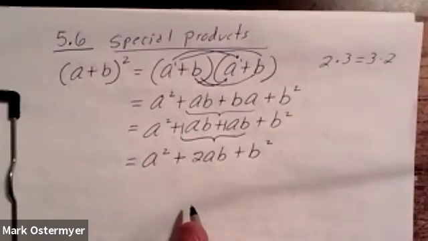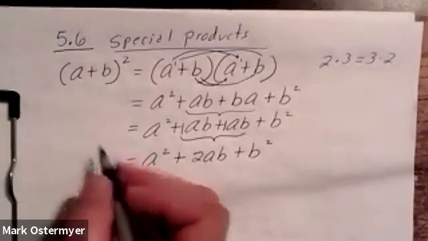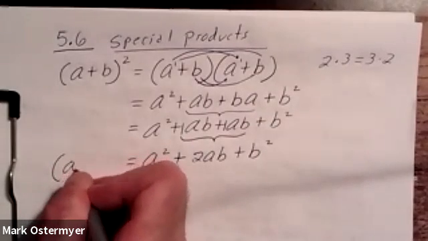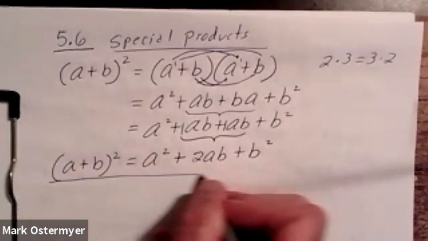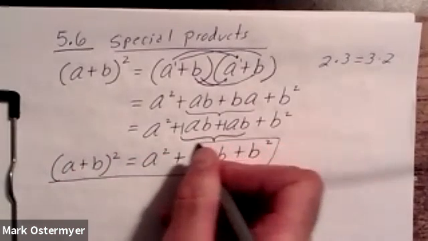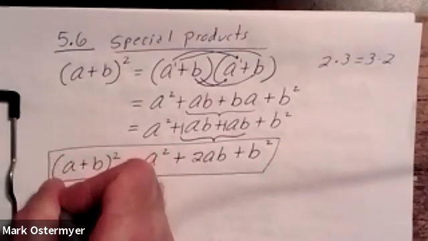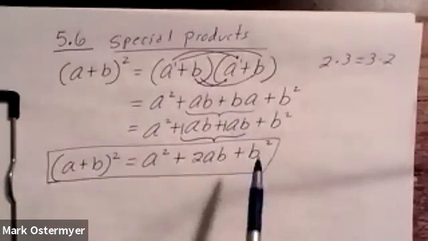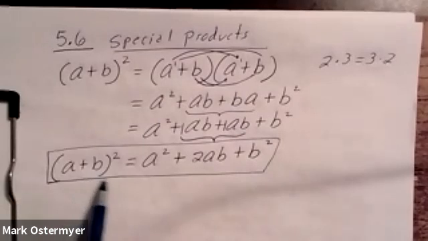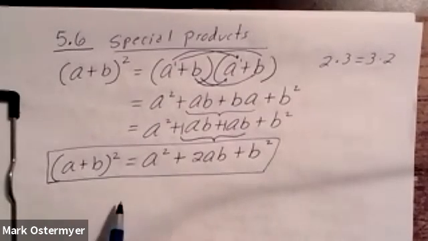All right, and so, ladies and gentlemen, this is the key here. Your author, believe it or not, wants you to memorize this pattern here. This is an important pattern to commit to memory. Instead of having to go through all this long, laborious multiplication, if we can remember this pattern, it's going to help our ability to square binomials.